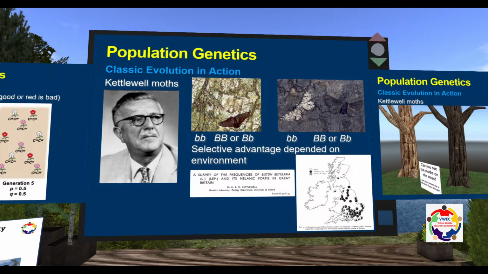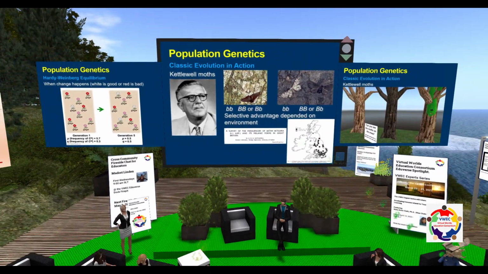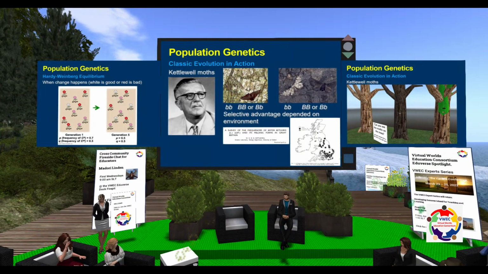And that's what is shown here in this map. This is an extraction from Kettlewell's paper showing the frequency of the black moth, and that's where the circles are filled in more black. And that correlated geographically with where there was more pollution. And so this is a great example of a species with allele variations adapting to the environment, and thus a good example of evolution in action.